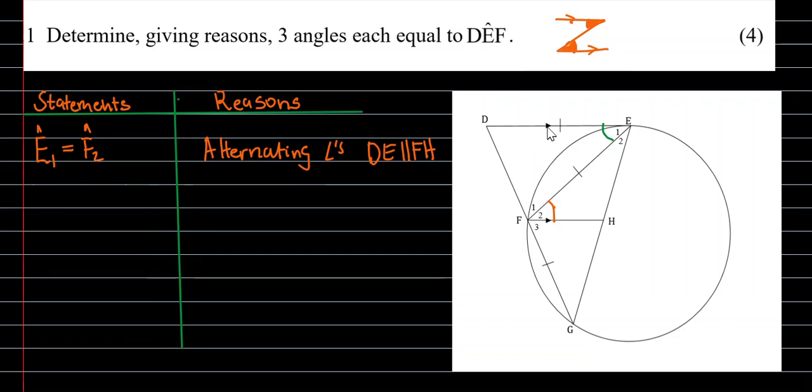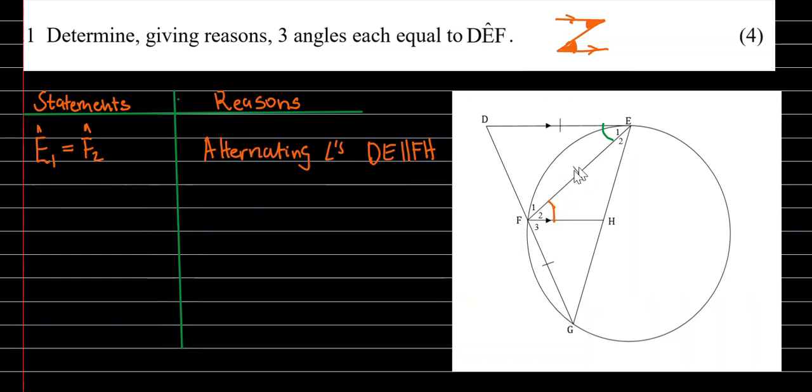So the second angle will be, I know that DE is a tangent. So what is the theorem behind the tangent? A theorem behind the tangent says an angle between a tangent and a chord is equal to the alternating angle from that chord. So what will be the alternating angle from this chord, right?